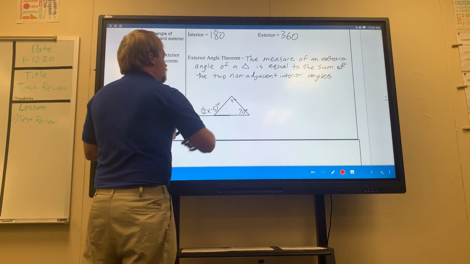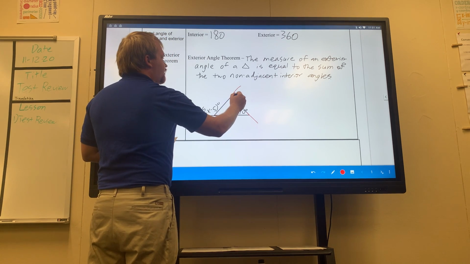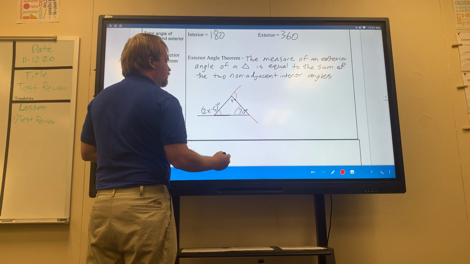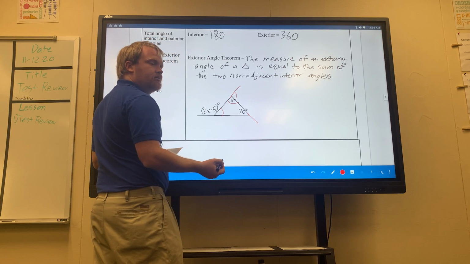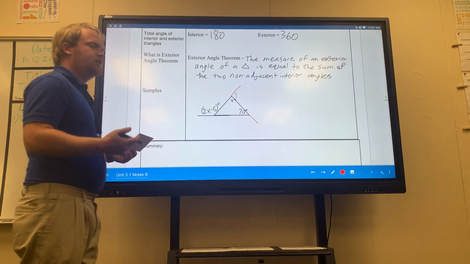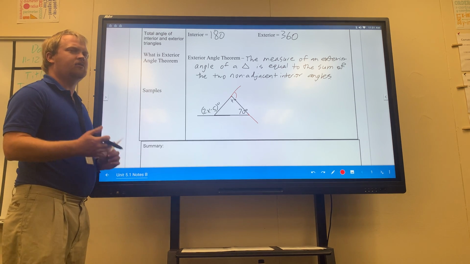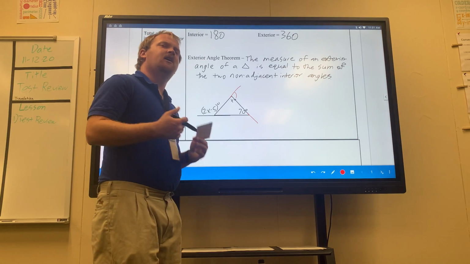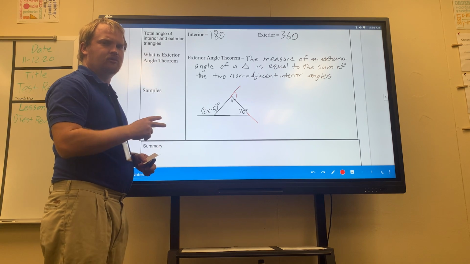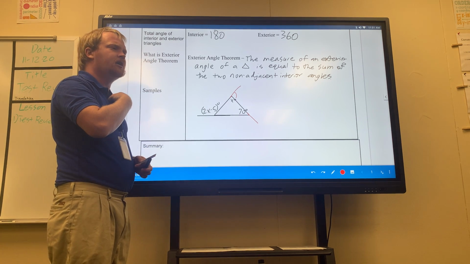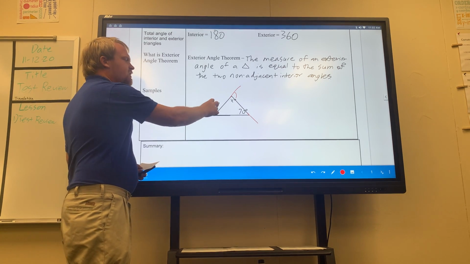And it doesn't matter if I extend the angles here, because this will add up to these two, and then this will add up to these two. So it doesn't necessarily matter which exterior angles we have. Any exterior angle will add up to the two non-adjacent angles. And that's the key. It has to be non-adjacent, which means the two angles that do not touch this exterior angle.